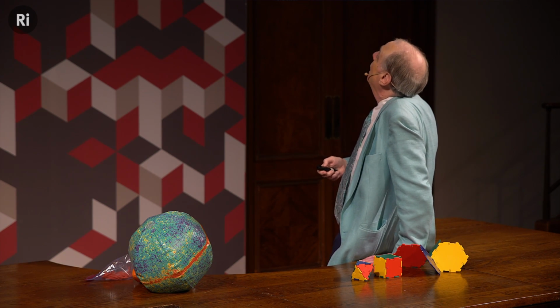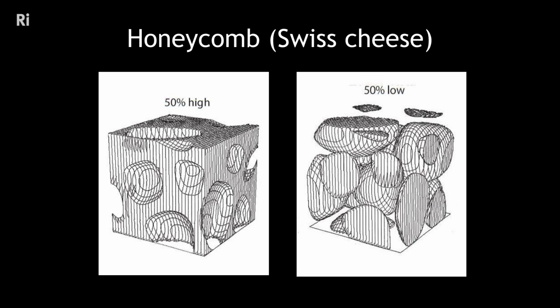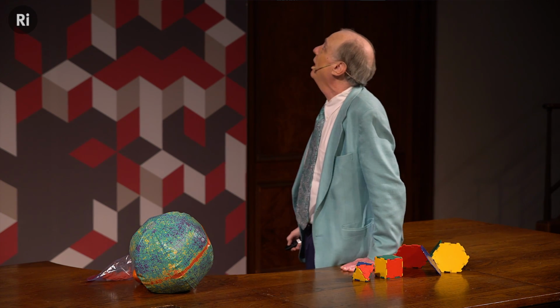This is what a honeycomb would look like. We smoothed the data. We looked at one of these Zeldovich honeycombs, and the high density region is all in one piece. This looks exactly like Swiss cheese. We call this a Swiss cheese universe. It's equivalent to a honeycomb.